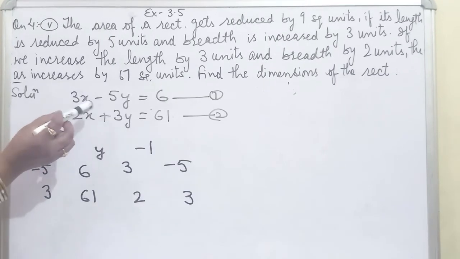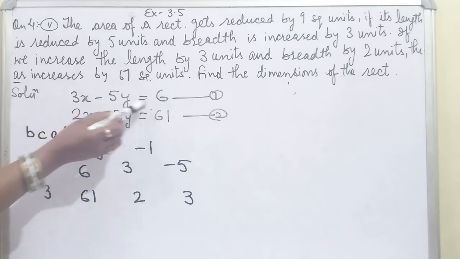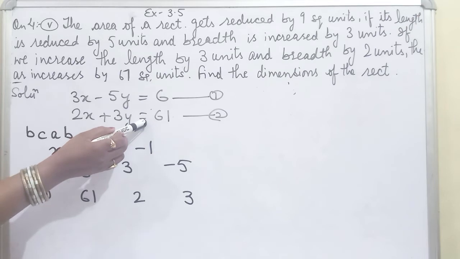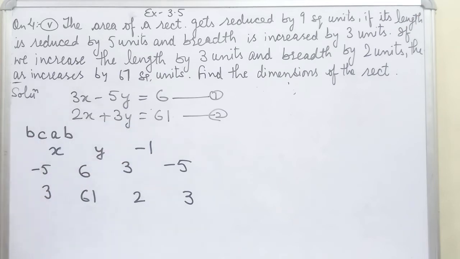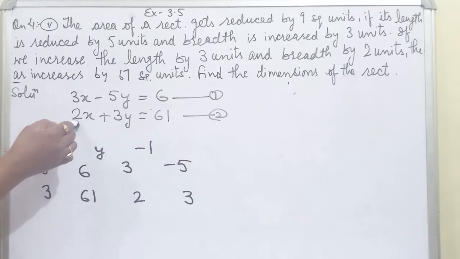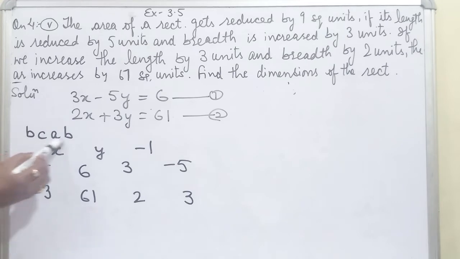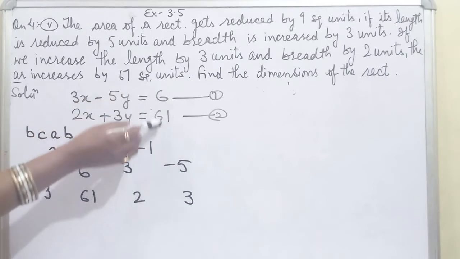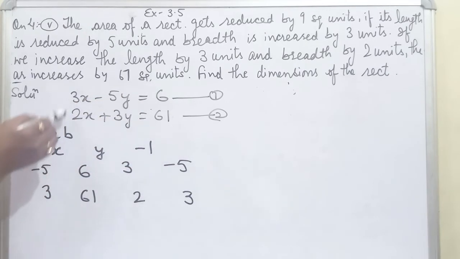Okay, now the equations are 3x minus 5y equal to 6, 2x plus 3y equals to 61. Now we'll apply the cross multiplication method here. For applying the cross multiplication method, we have to take the things in this series: B, C, A, B. B means the coefficient of y, C means the constants, and A means the coefficient of x, and B again is the coefficient of y.